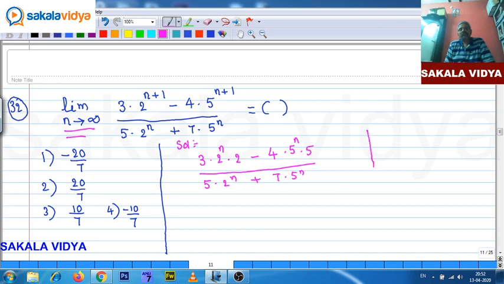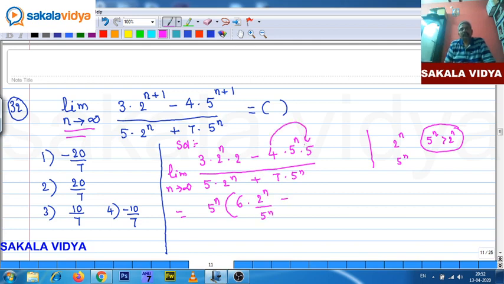If you observe 2 power n and 5 power n, 5 power n will generally be greater than 2 power n. So take 5 power n common out from both numerator and denominator, n tends to infinity. If you take 5 power n common, we have 3 into 2, 6, multiplied by 2 power n by 5 power n, minus 4 into 5 is 20.